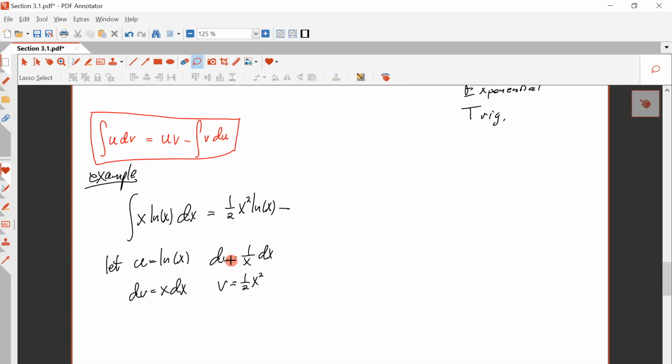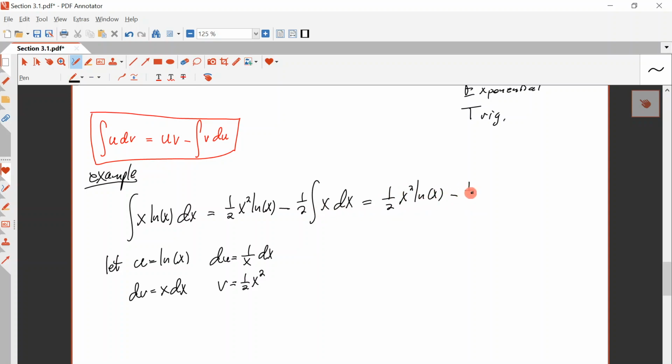So u times v, 1/2 x squared times natural log x, minus the antiderivative of v du. And the product is just 1/2 antiderivative of x, right, because I have x squared times 1 over x. So what do we get here? It's 1/2 x squared natural log of x minus 1/4 x squared plus c at the very end after you've evaluated the last antiderivative. Okay?